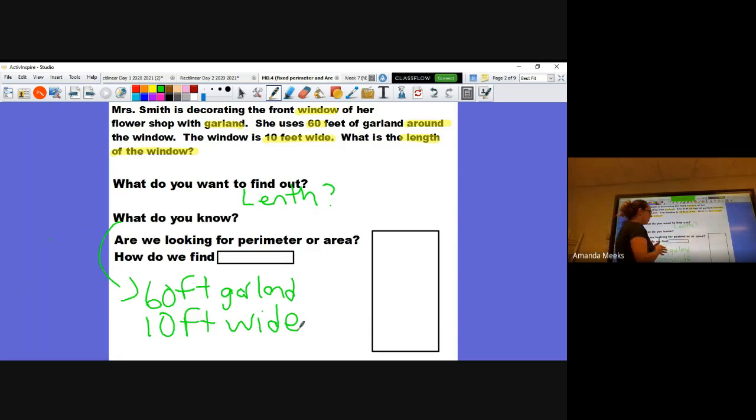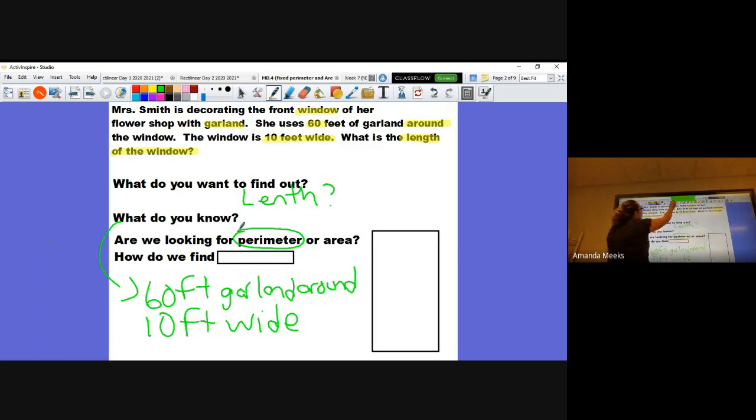Okay, are we looking for perimeter or area? Well, I told you today our focus was perimeter, but if I didn't tell you that, we would have to decide, are we trying to figure out perimeter or area? And because she talks about 60 feet around, we know we are talking about perimeter.